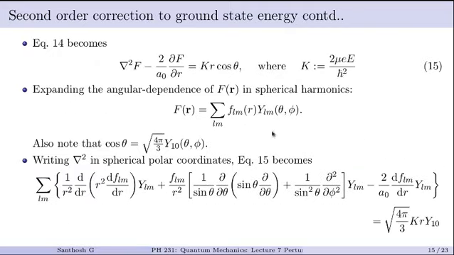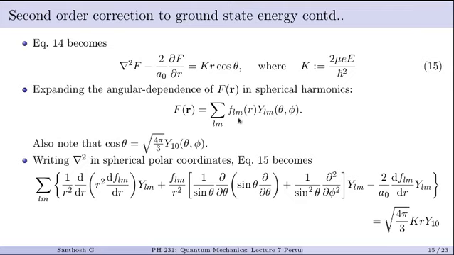So we have seen here that f will be the product of f_LM and Y_LM summed over all LM. If we take f00 to be non-zero and all other f_LM to be 0, then this equation becomes f00 times Y00.